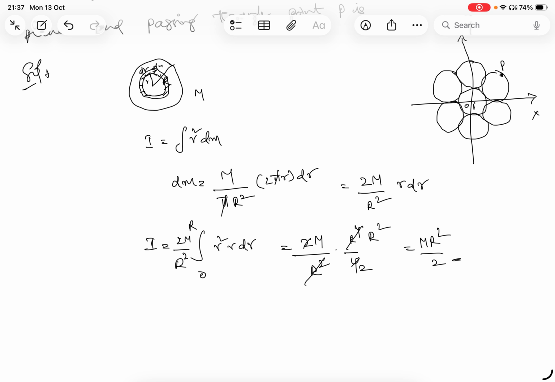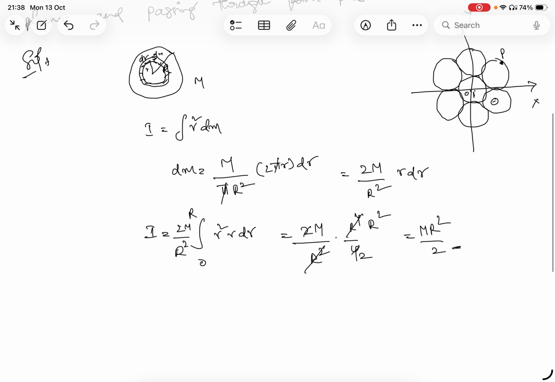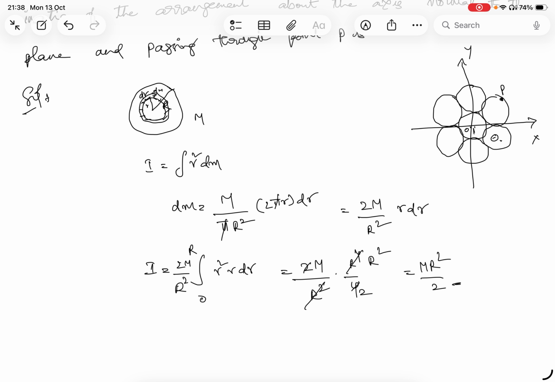Right. Now, what about this case? If I consider a second circle here, the moment of inertia of this circle about its own center is m r square by 2. But we are figuring it out about the structure center, which we can do by using the parallel axis theorem. Let us assume this is circle 2.